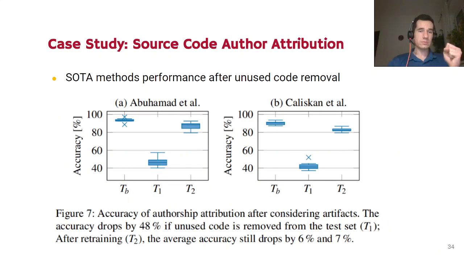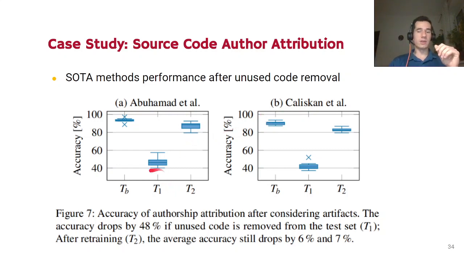So the model could pick up on these parts of the code instead of the real stylistic patterns that we want. The authors analyzed two studies, and this TB is the original study. As we can see, the accuracy in the original study is around 90 something percent. The authors of this case study did two things.